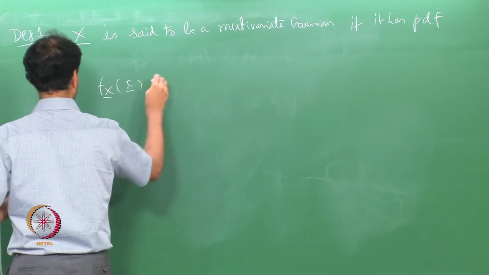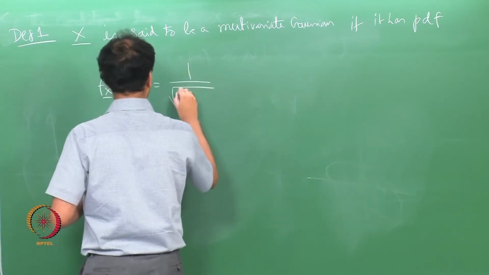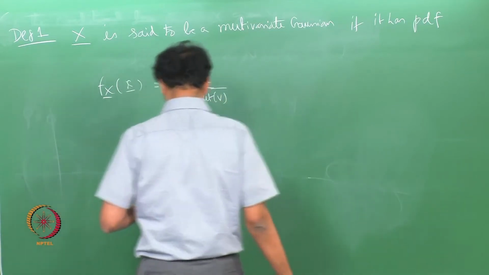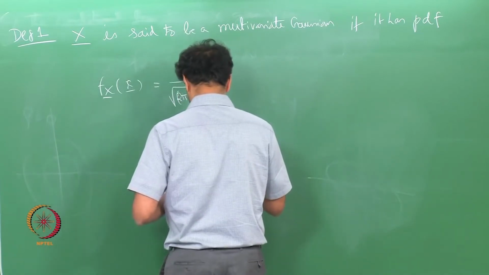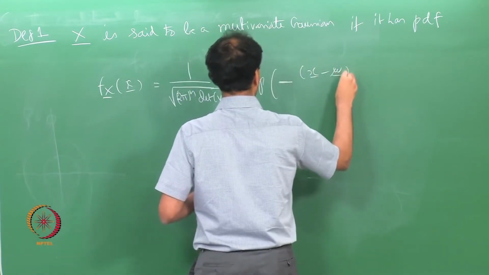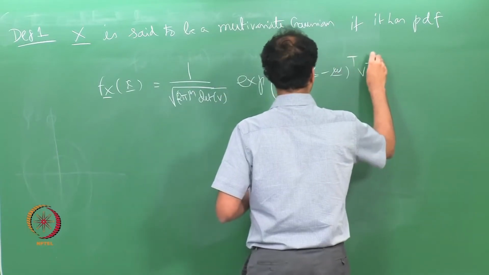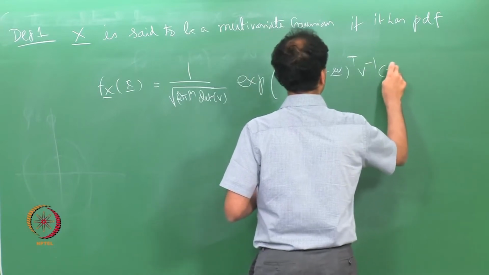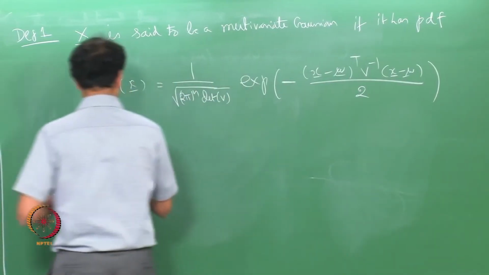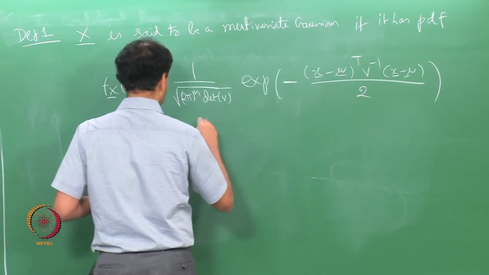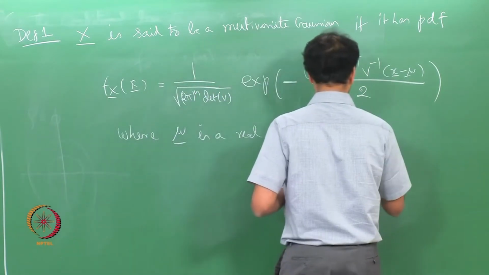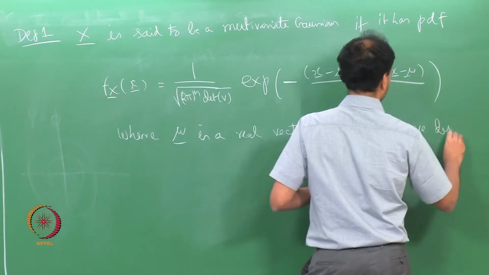f_X(x) equal to 1 over the square root of (2 pi)^n determinant of V, times e to the power minus (x minus mu) transpose V inverse (x minus mu) divided by 2, where mu is a real vector and V is a positive definite matrix.